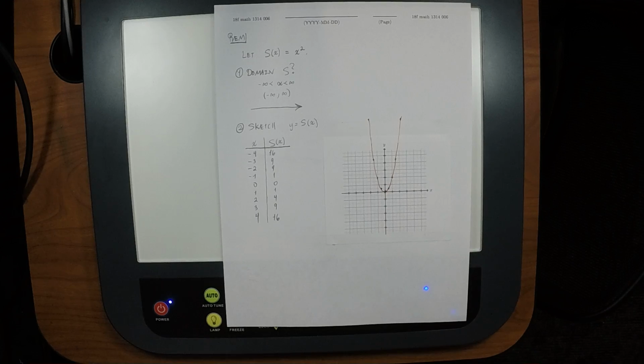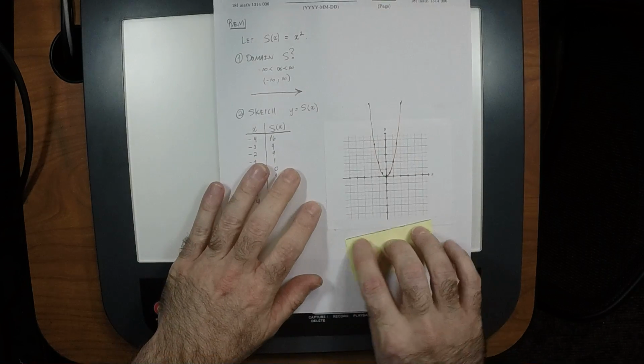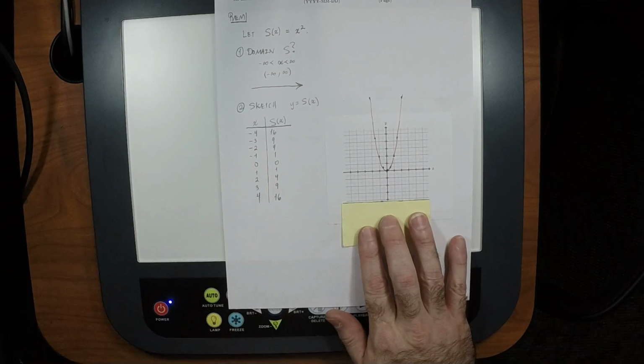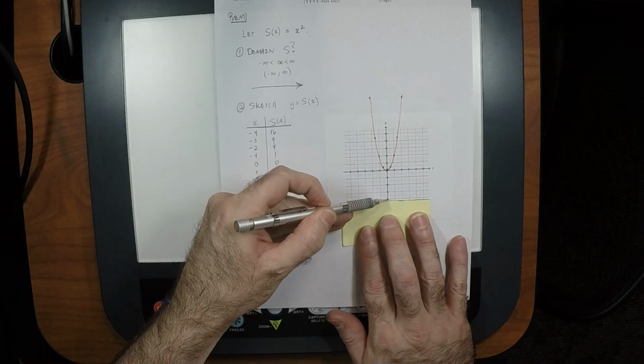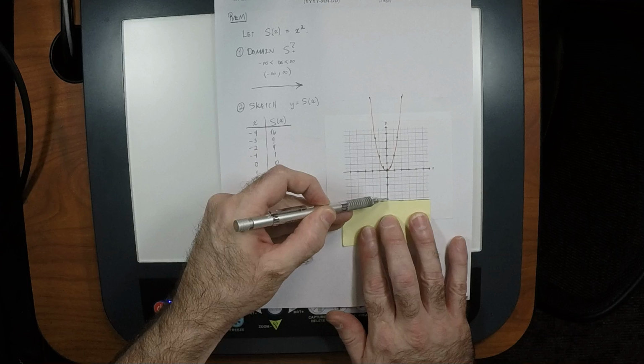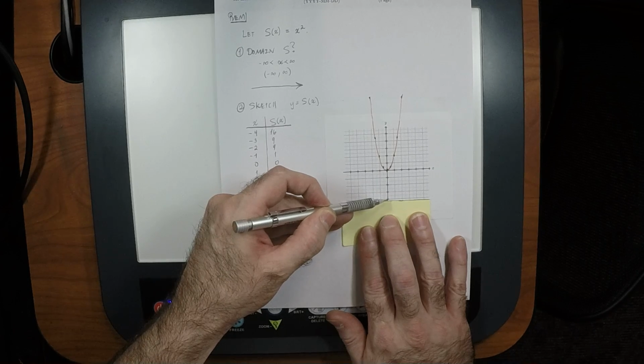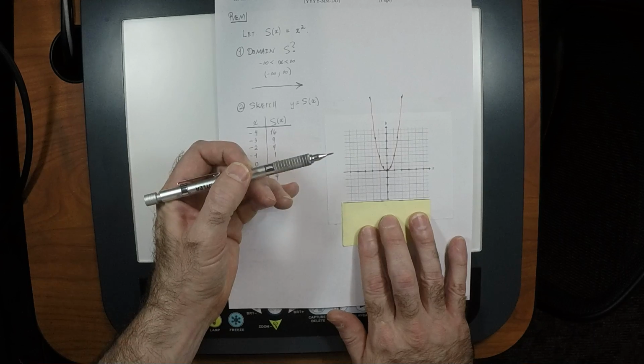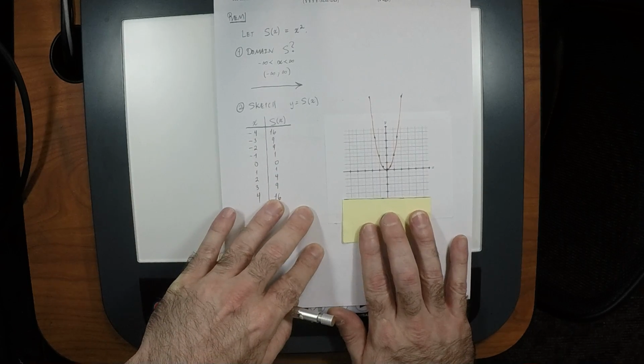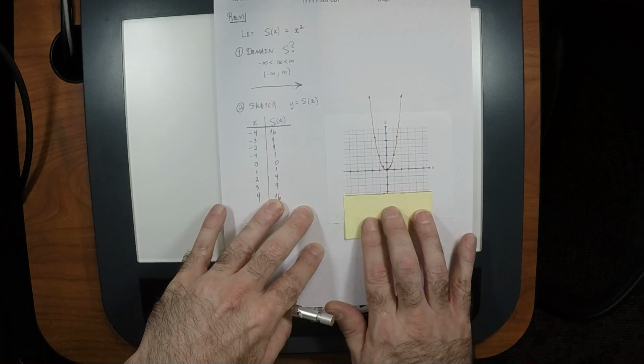Alternatively, if you like the lines bit, then you can say, well, is this point right here in the range? And the answer is no, because this horizontal line is not touching the plot. So nothing down here is touching the plot, so none of this down here is in the range.